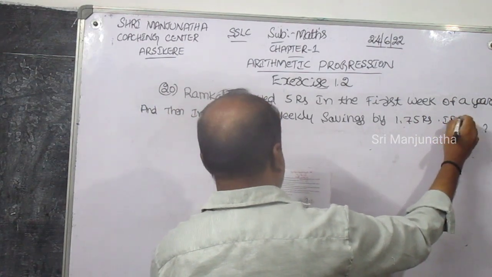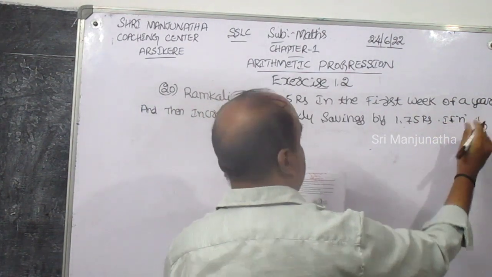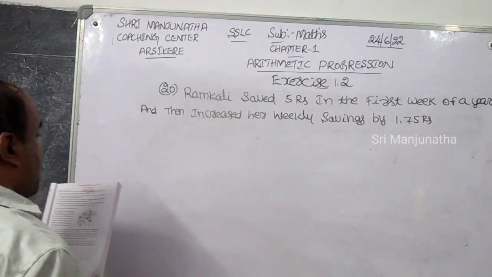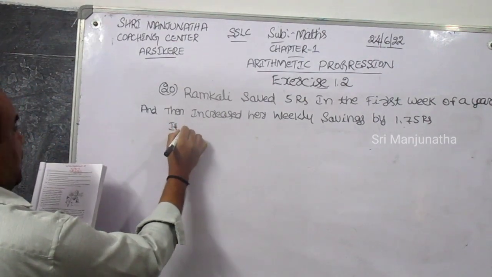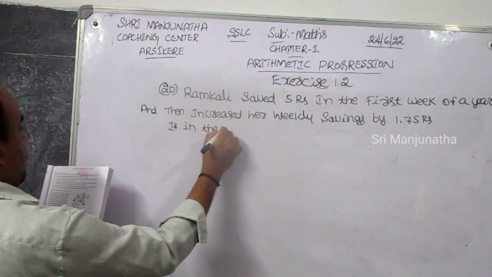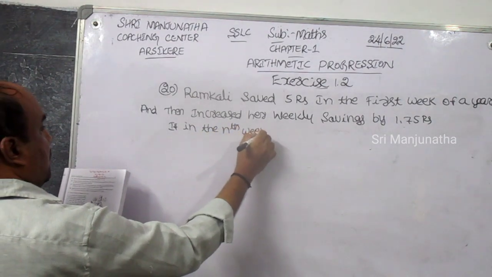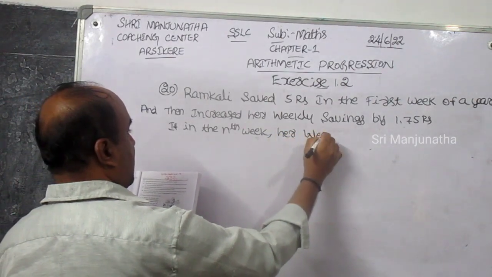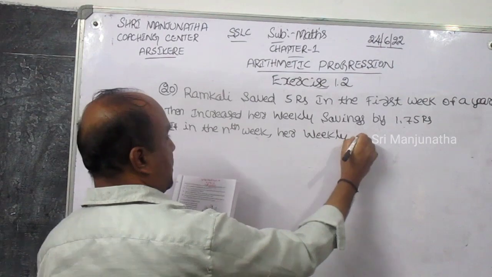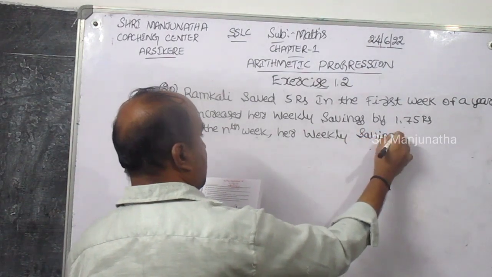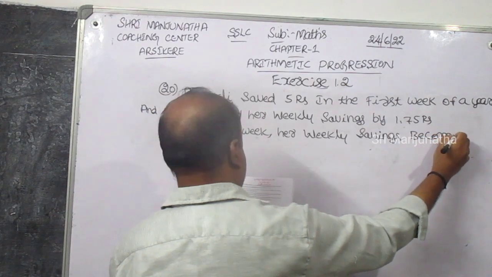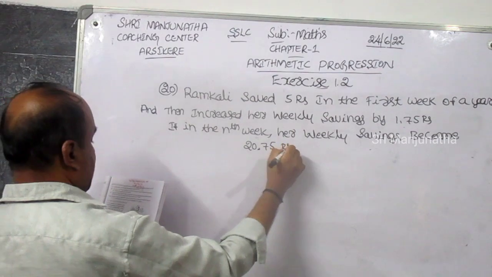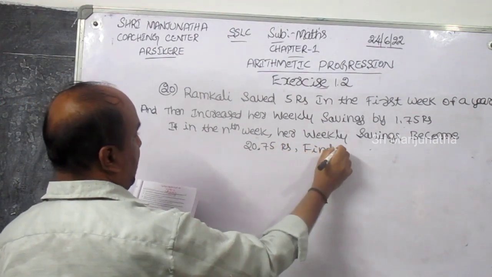If in the nth week her weekly savings become 20.75 rupees, find the value of n.